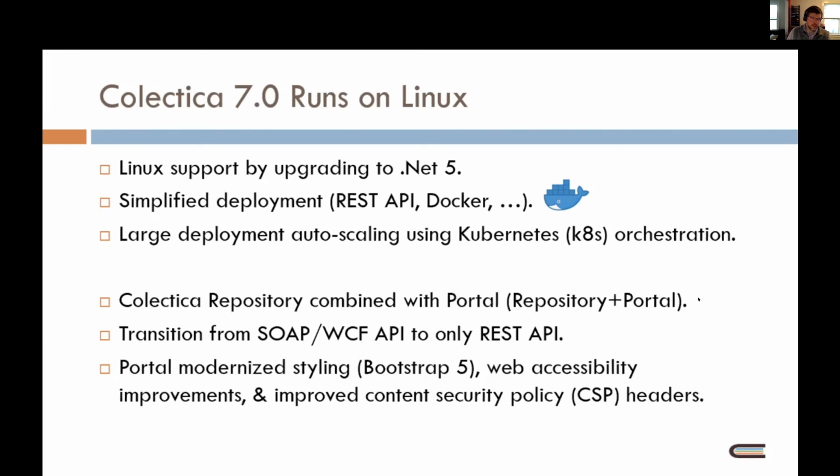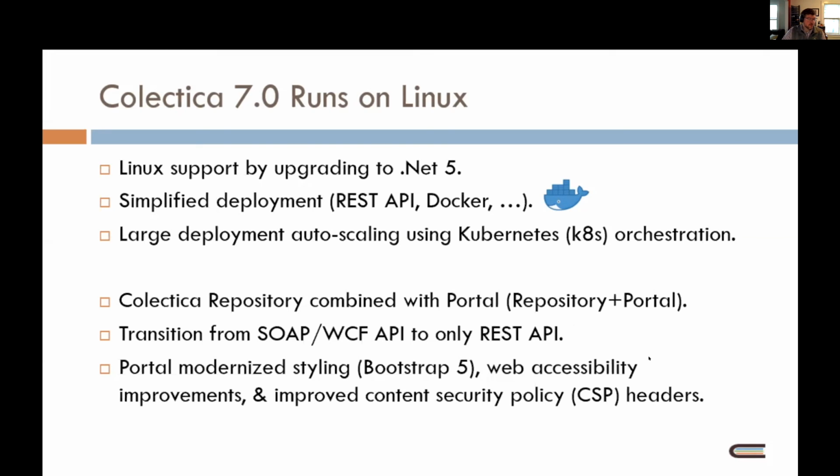The SOAP WCF API is less common now than the REST API, so we're moving everything over to a REST API in Colectica 7. So Portal gives you access to your data and also has the REST API built in. It's just one product now that you have to install. You don't have to juggle multiple things to get them to work together, simplifying installation.